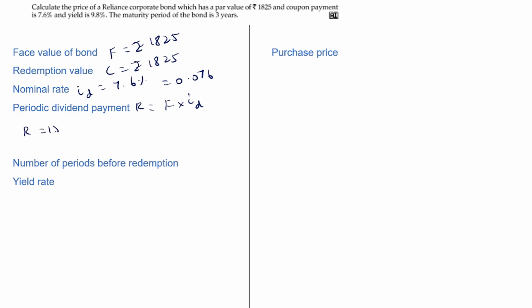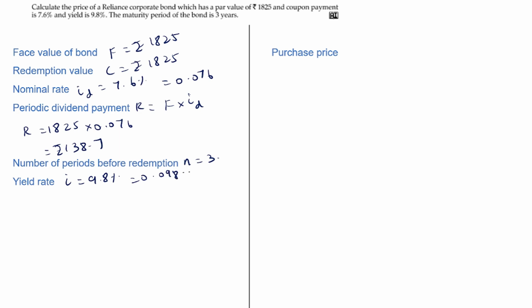So R is equal to 1,825 into 0.076. When we simplify, we get 138.7. And the number of periods before redemption, the maturity period, is 3 years. N is 3. The yield rate i is 9.8% or it is 0.098.